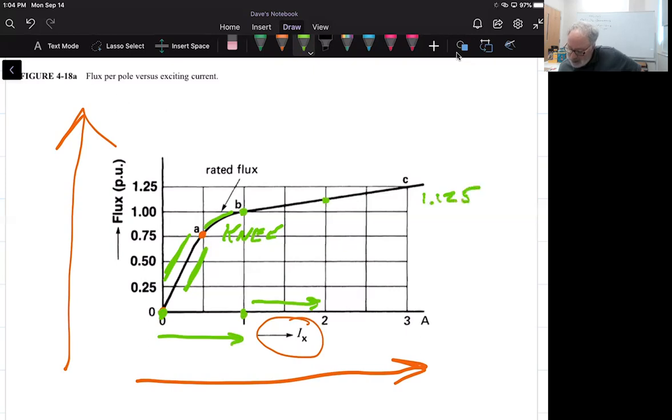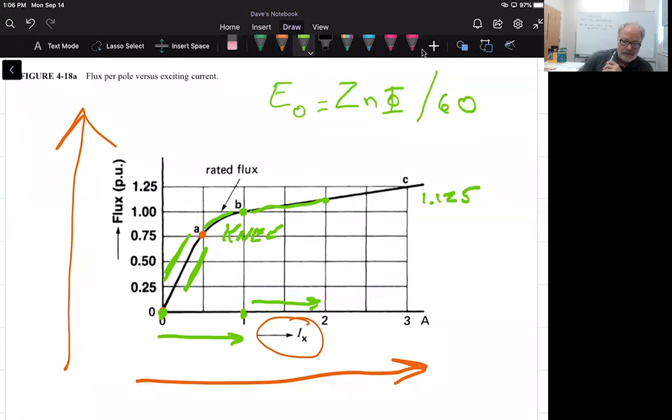So we're increasing the excitation current, but we're not getting the same linear increase in the voltage output. Now, there are a lot of considerations that we take into account in our design application for the electrical machine that we're working with.